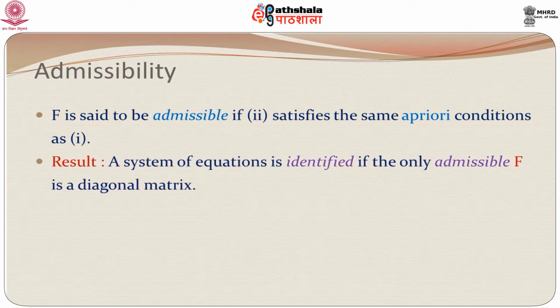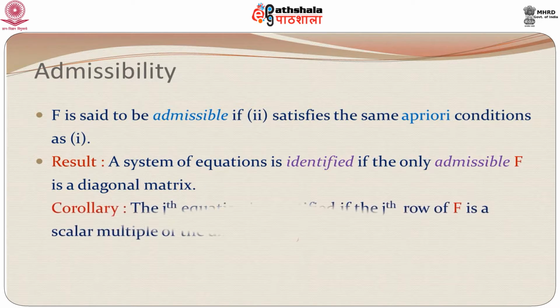And then we can think in terms of identification: a system of equations is identified if the only admissible F is a diagonal matrix. So, there has to be only the diagonal matrix which, when pre-multiplying this A matrix, turns out to be diagonal, and we will say that the system of equations 1 is identified.